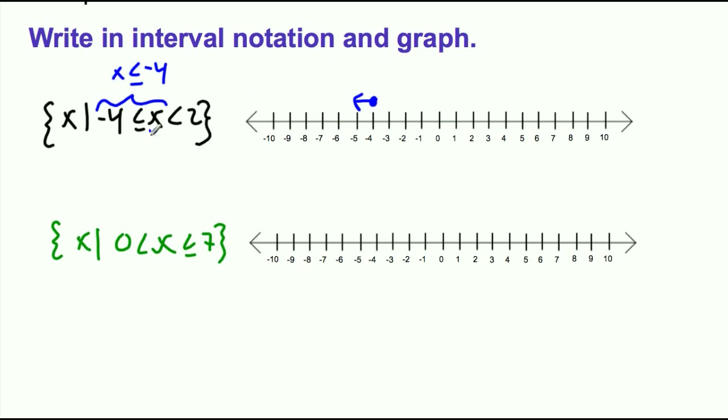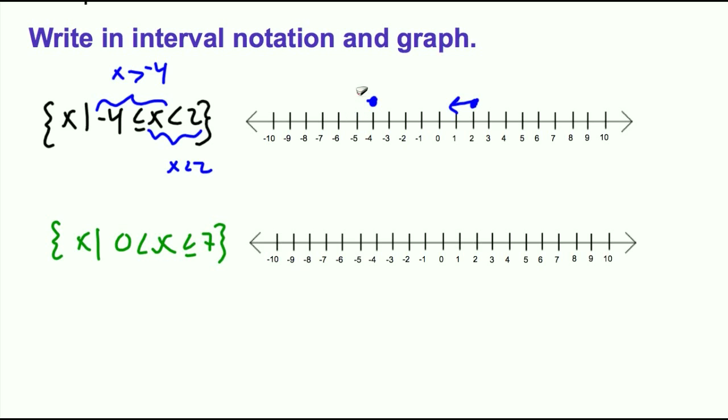And then this part right here is x is less than 2. So I go to 2, and I go to the left. And I made a mistake here, and I just caught it. I was supposed to switch the inequality, and I didn't do that. So let me go ahead and switch that. So actually, it should have been like this, which then would change this guy.